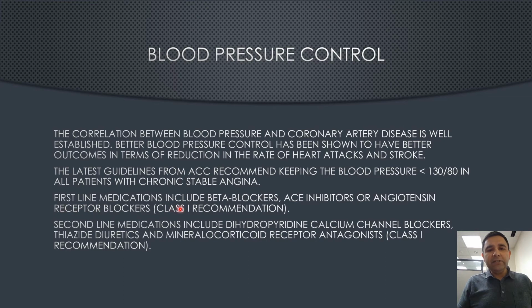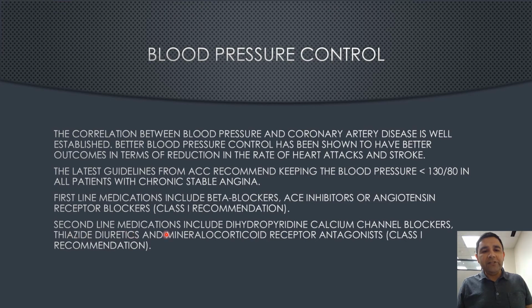First line medications include beta blockers, ACE inhibitors, or if the patient is not tolerant of ACE inhibitors, you can use an angiotensin receptor blocker. This is a class 1 recommendation, and that's very important because class 1 recommendations are those about which everybody has consensus, everybody agrees on them. There is absolutely no ambiguity about class 1 recommendations.